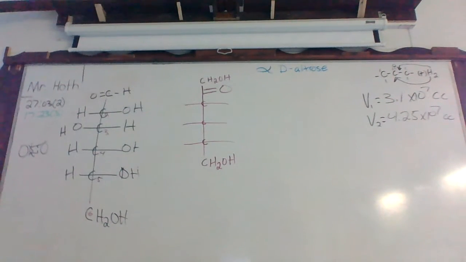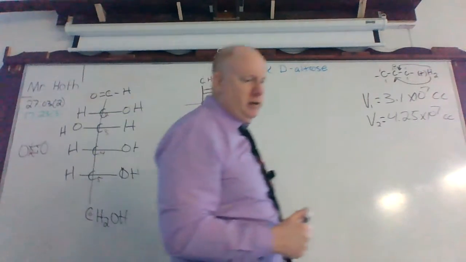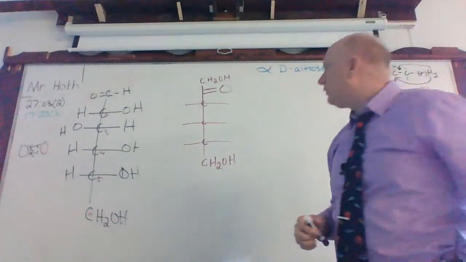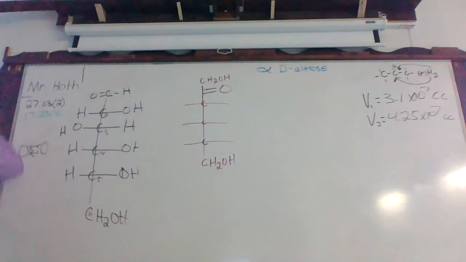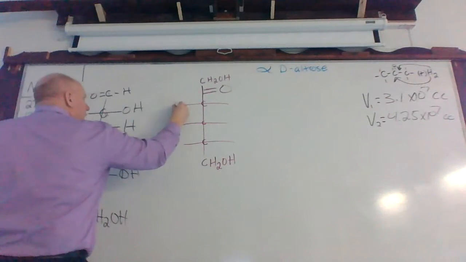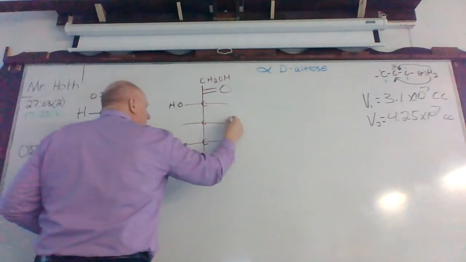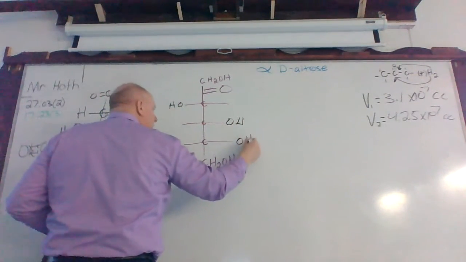So now we can see the structural difference between what we consider an aldose sugar on the left, or polyhydroxyaldehyde, and a ketose sugar on the right, or polyhydroxy ketone. What can be a little easier to remember is left, right, right.